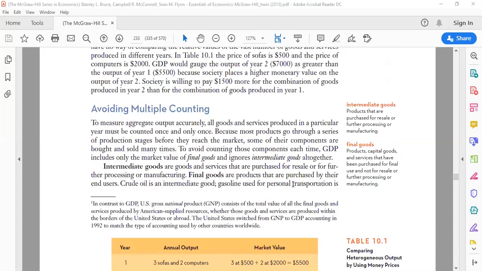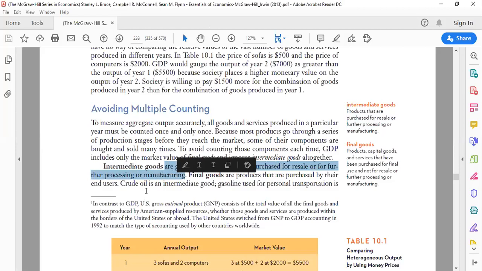Then second is we avoid multiple counting in GDP. What is the multiple counting concept? There are 2 types of goods: intermediate goods and final goods. The intermediate goods are those goods which are purchased for resale, or for further processing or manufacturing.